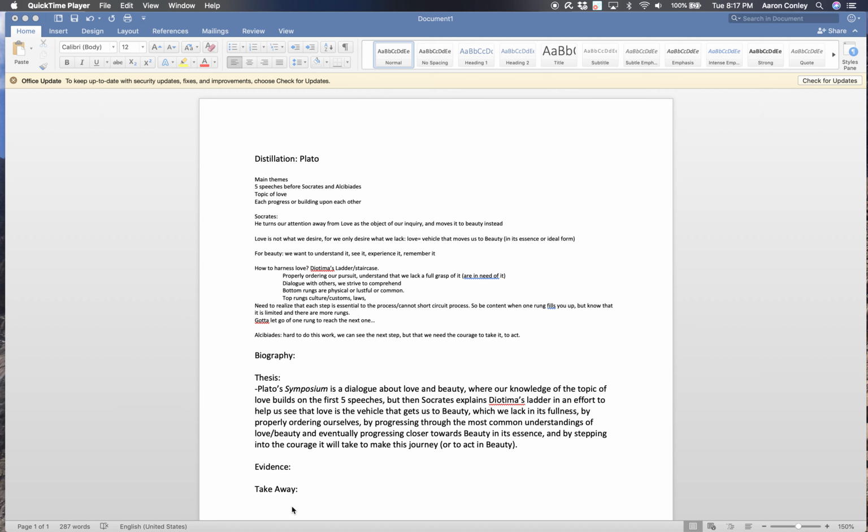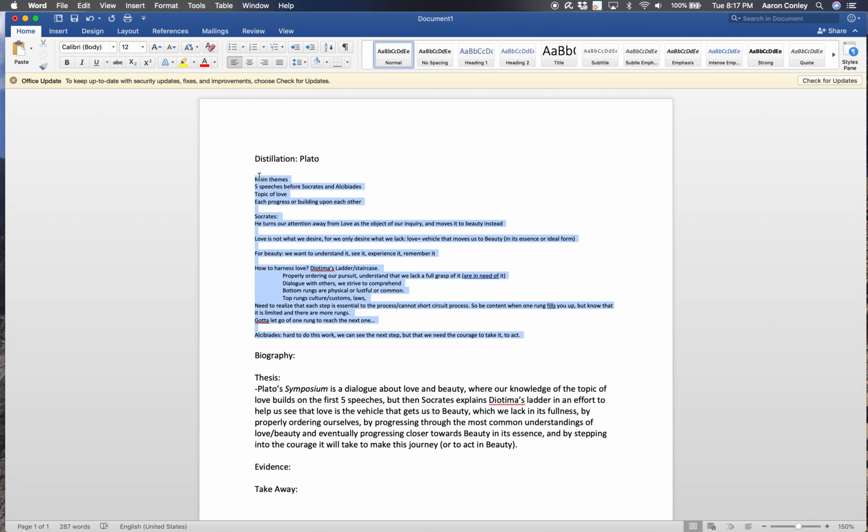So when I'm trying to come up with the thesis statement, I list out, and that's what these main themes are here that I've just highlighted, as many of the details that are important to the general flow of the book that I can come up with. And the more specific I am here, the easier it's going to be to write my thesis statement afterwards, right?